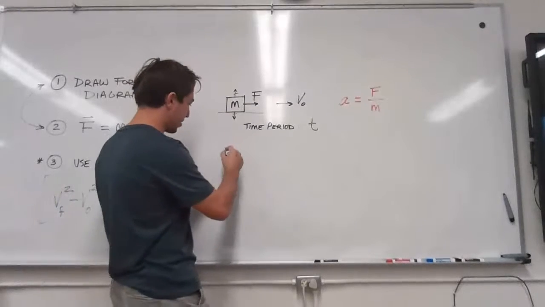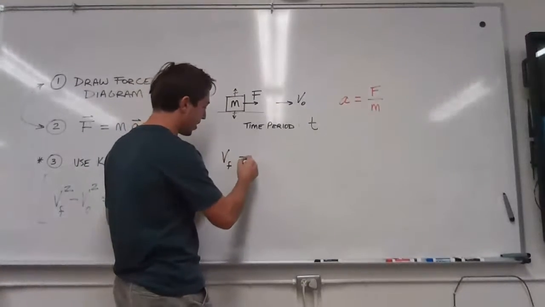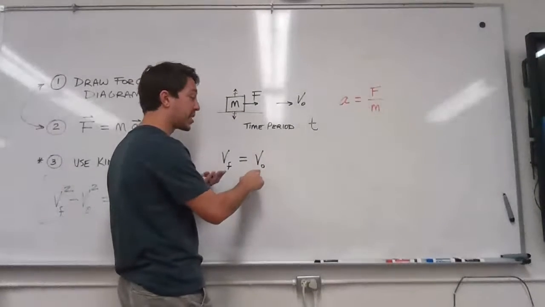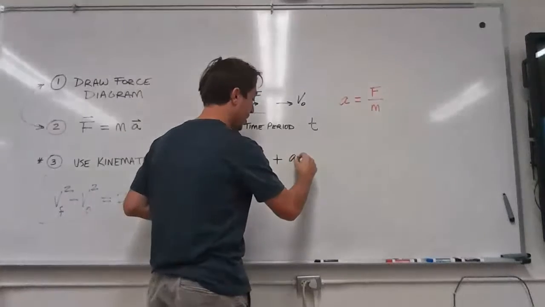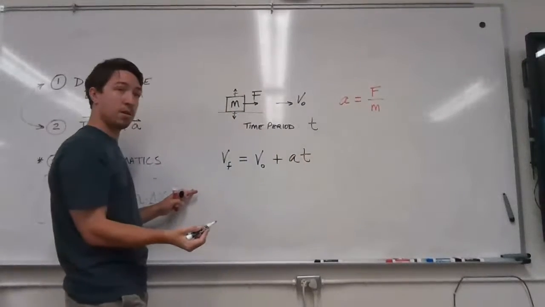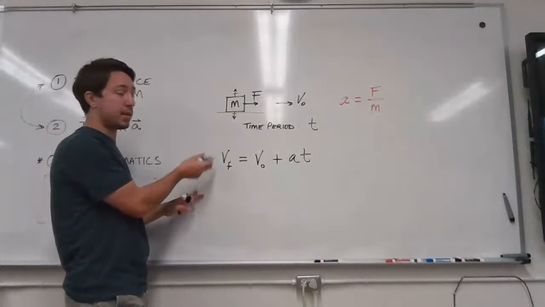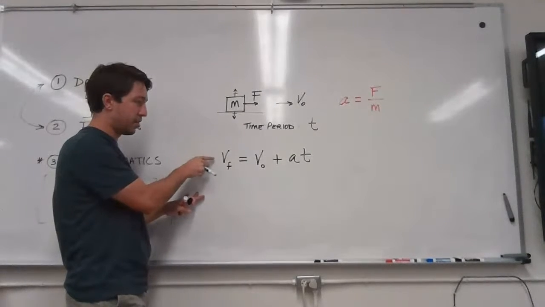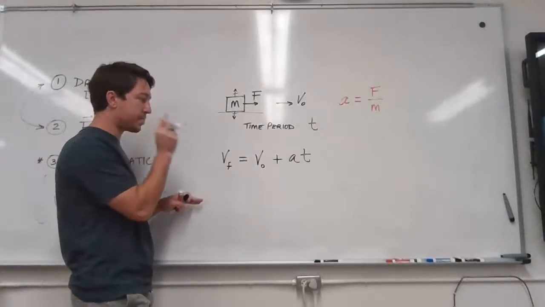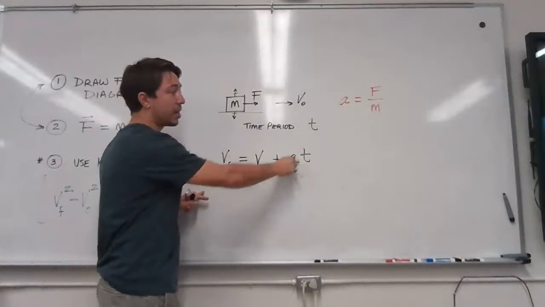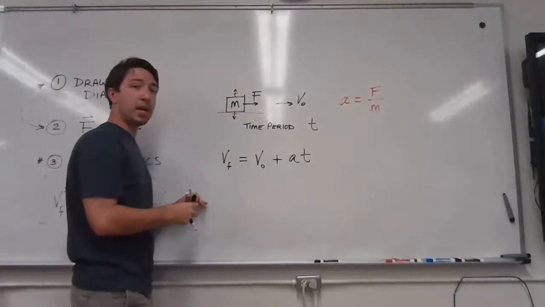Don't we have a formula that tells us the final velocity is equal to where you started, how fast were you going, plus your acceleration times your time, right? So that's the key moment in this problem, I guess. This gets us there with what Aiden said. So if I can replace that a with F over m, I'll be done, right?